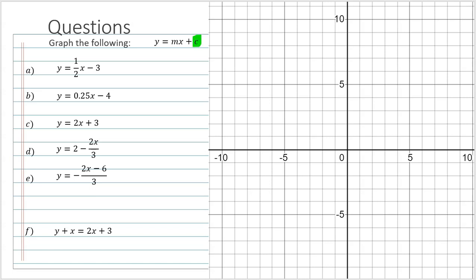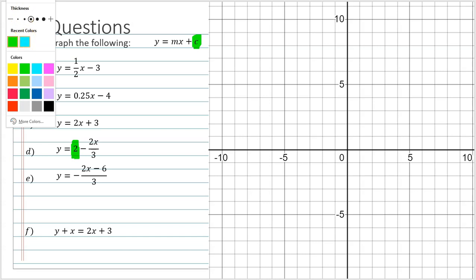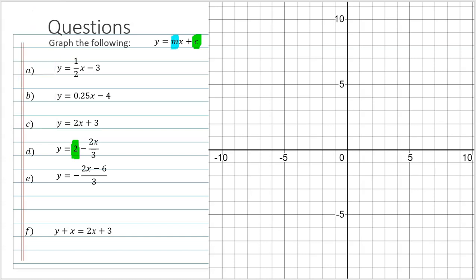So identifying the constant, it's actually there, and identifying the gradient is these parts here, so negative 2 over 3. So writing that out, c equals 2 and m is equal to negative 2 over 3.